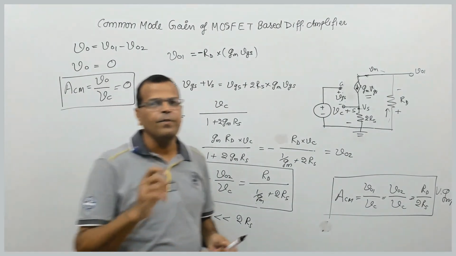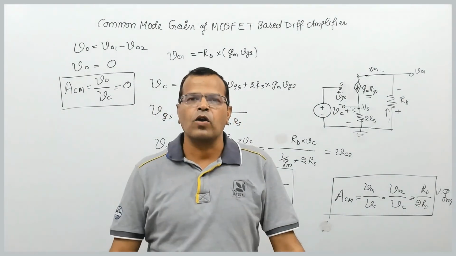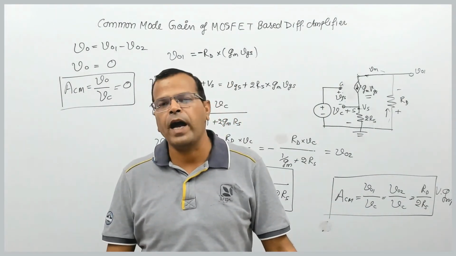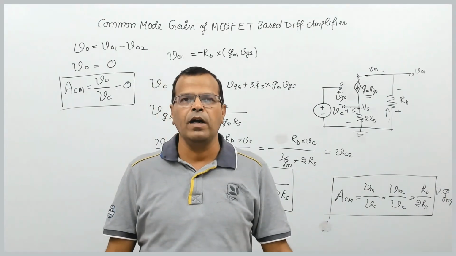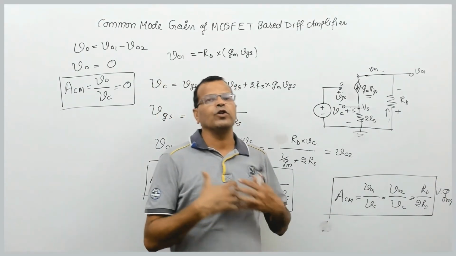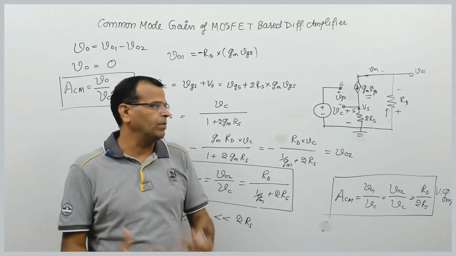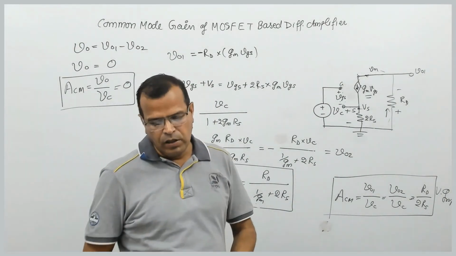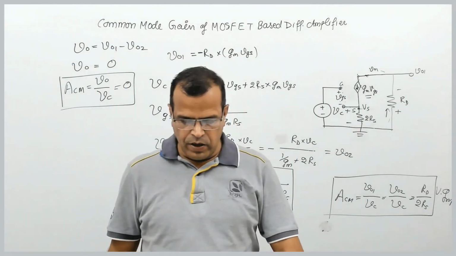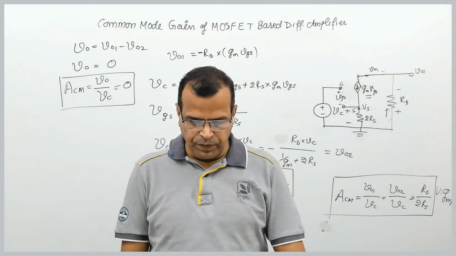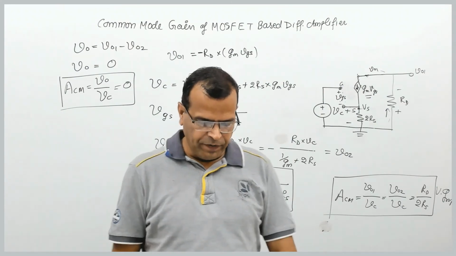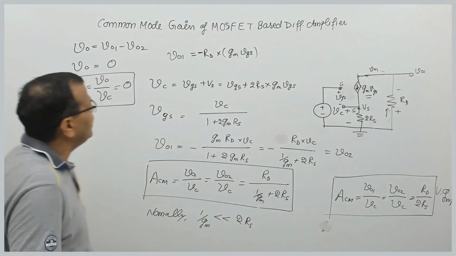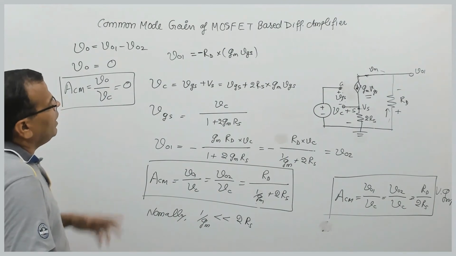For any amplifier, the common mode gain should be as small as possible, whereas the differential mode gain should be as high as possible. Fine. So this is all about the common mode gain of the differential amplifier.